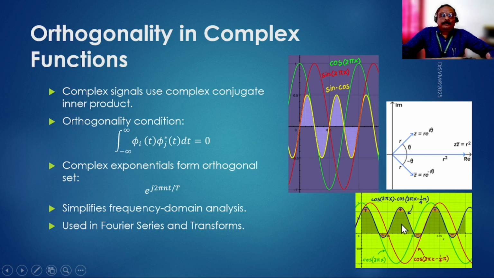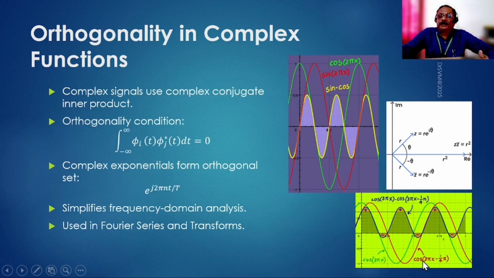Okay, now we need to know what is not orthogonal. So let us take an example of cos 3 pi x, which is given by the green one, and cos 3 pi x delayed by pi by 4, that is, there is a 45 degree delay. Because of this 45 degree delay, we cannot claim that they are orthogonal, because if the delay was 90 degrees, then sine would have become cosine and cosine would have become sine.